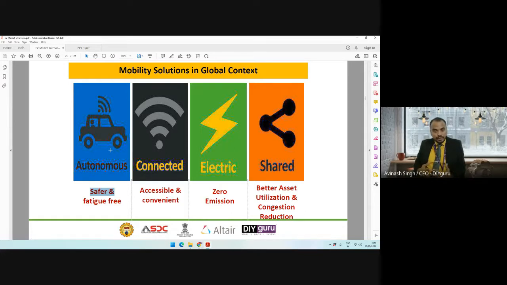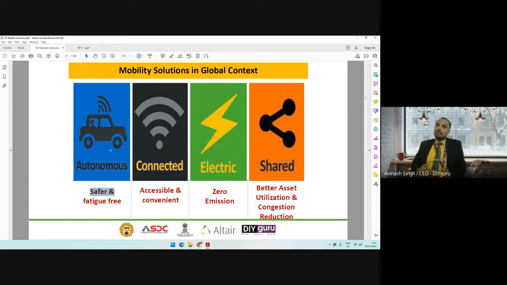Before 2020, you will see most of the cities have started shifting to the shared model of economy. But even after COVID, the shared model has a bit of impact, but now again it is getting its momentum.